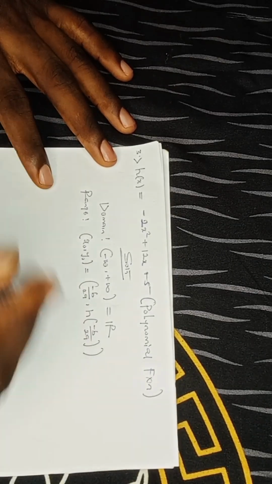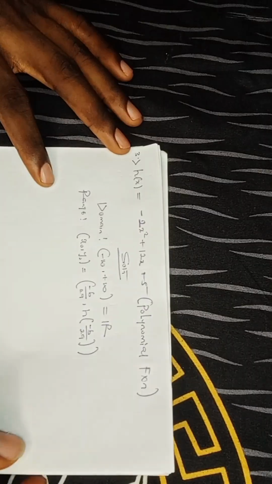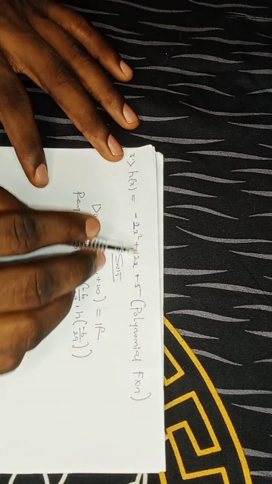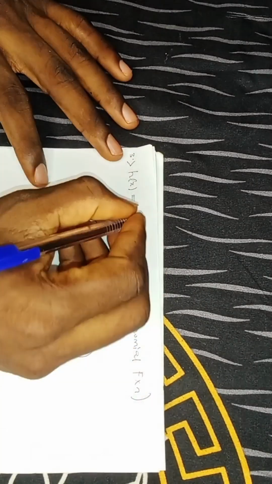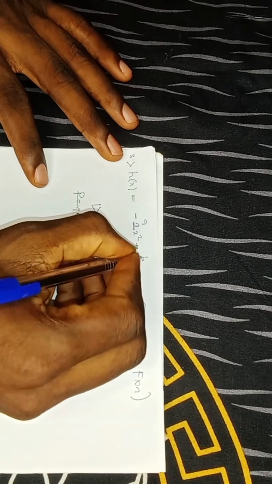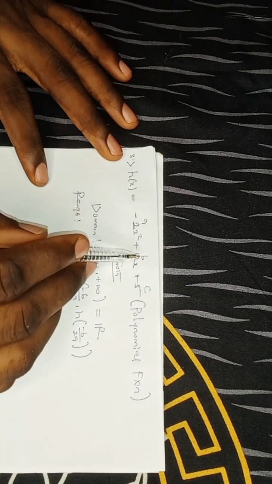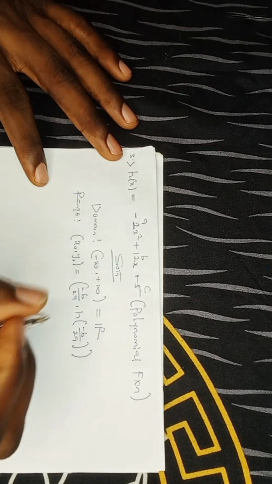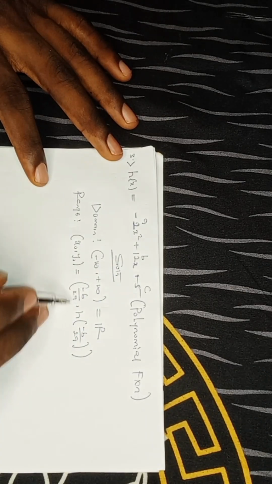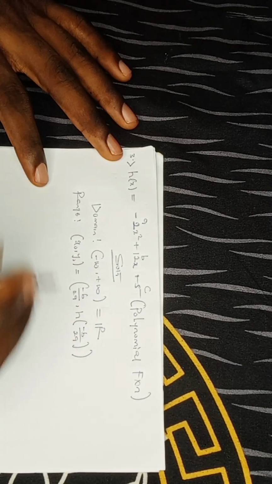So how do we get this? Our function is minus 2x squared plus 12x plus 5. Let's call this our a, this our b, and this our c. I need to get minus b all over 2a, and h of minus b all over 2a.